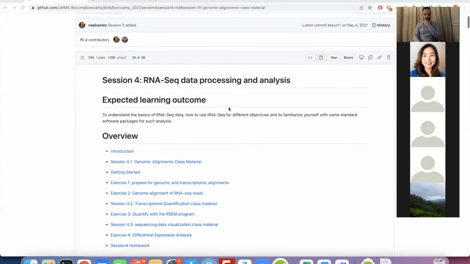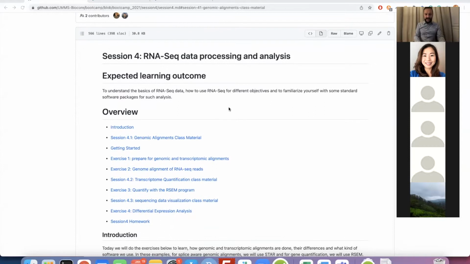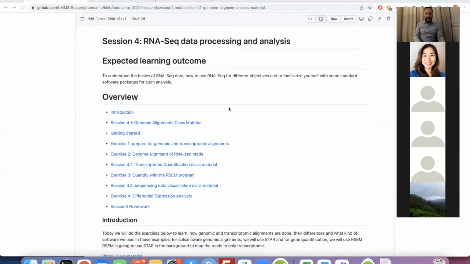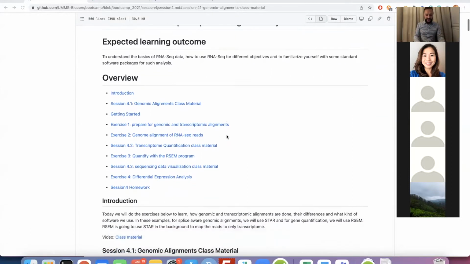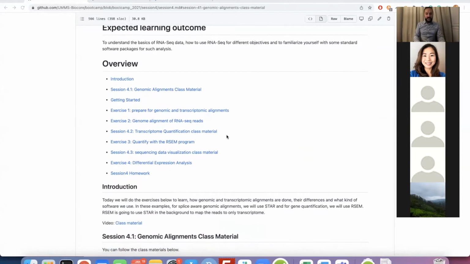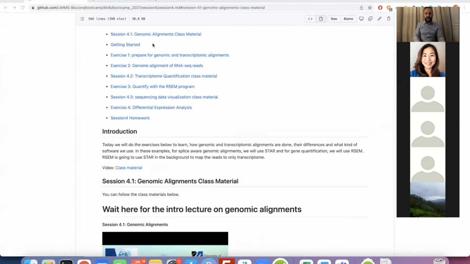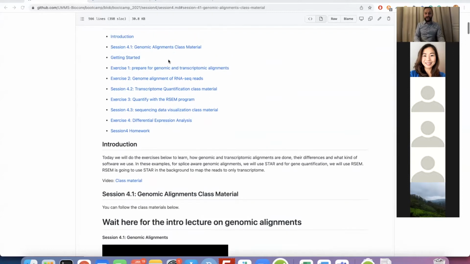So today we're going to do RNA-seq data processing and analysis, and we are going to do everything from command line. First, we're going to show you genomic alignments. When we say genomic alignments, it includes both genomic and transcriptomic alignments, and it's going to use splice-aware aligners.